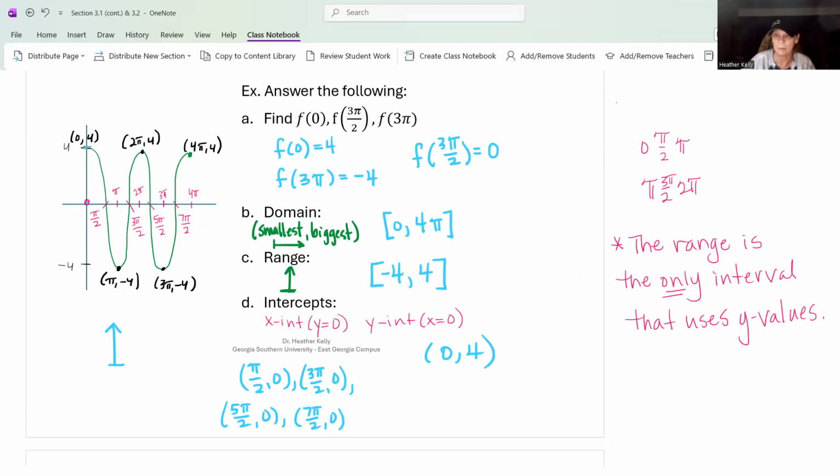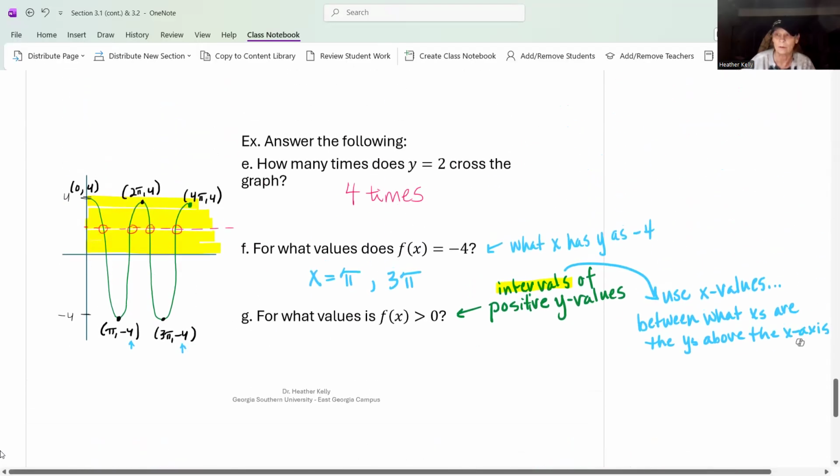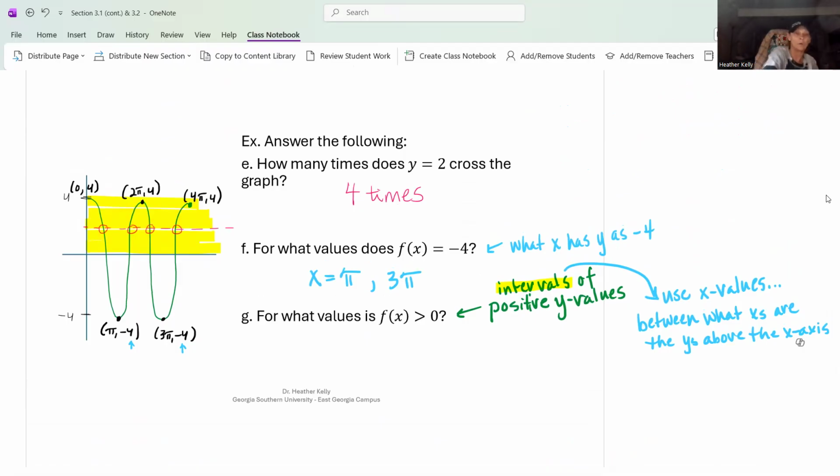Hold on now, I gotta find my mouse and get it to scroll down there. Okay, so that's literally what we're asking. And so we look at where I have highlighted and we're going to look from left to right and we're going to list those x values just like we listed for the domain. That's going to give us those intervals where those x values produce values that are above the x-axis.